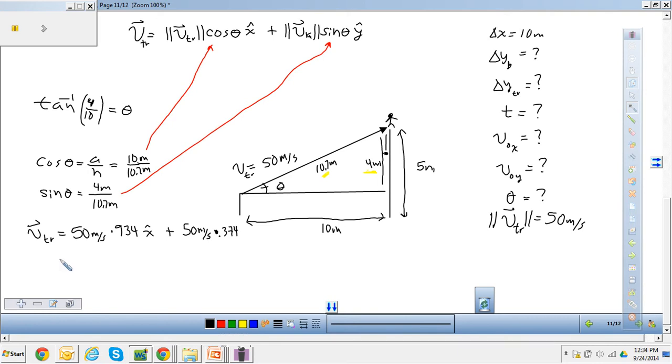All right, you guys want to do this? Go ahead and multiply these out. It's point. Remember, this is a decimal here. This is multiplied.